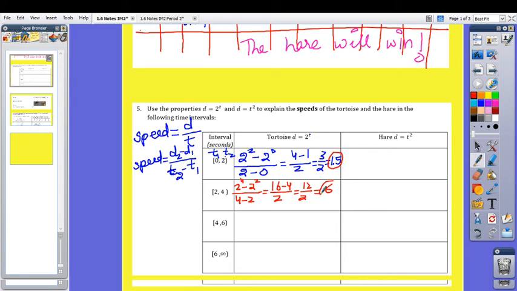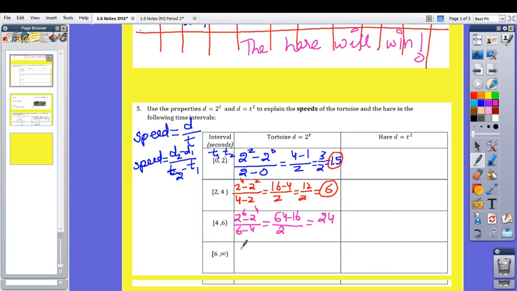Okay. Let's do the next one. So it's 2 to the 6 take away 2 to the fourth over 6 take away 4, which is 64 take away 16 over 2, which is 24. Okay.